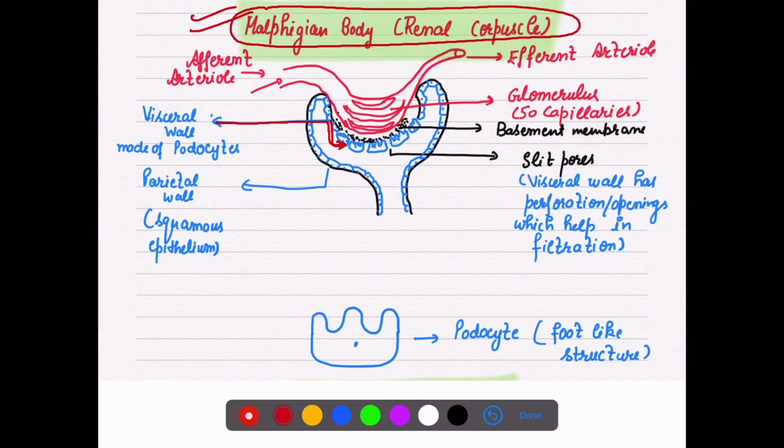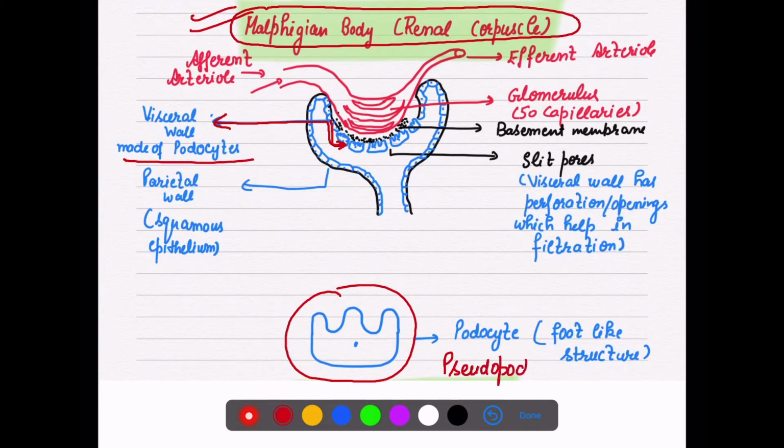This wall of Bowman's capsule is made up of podocytes, cells which have foot-like structures. Podocytes, क्यों? Because they look like pseudopodia, like false feet. They have this kind of structure. Because of their structure, these cells are known as podocytes.